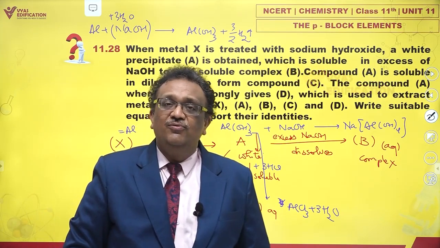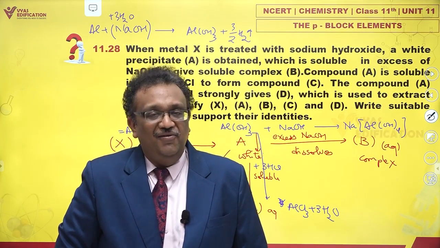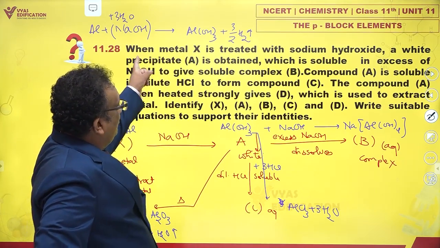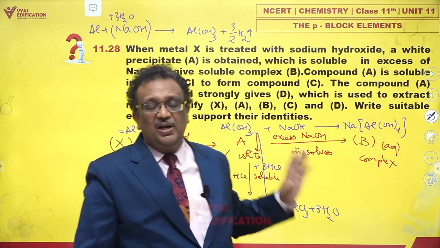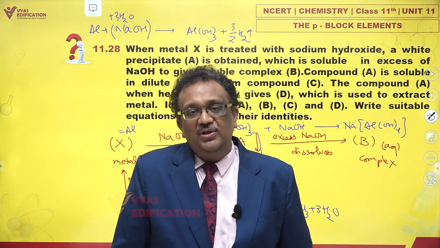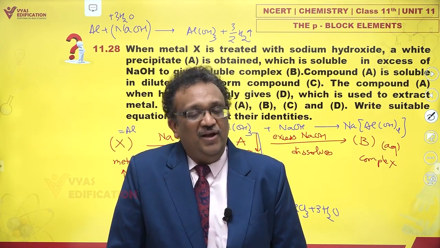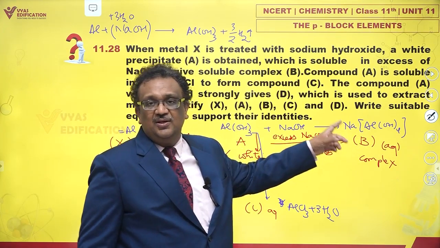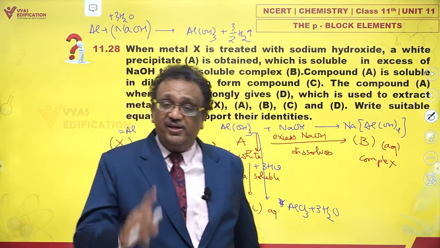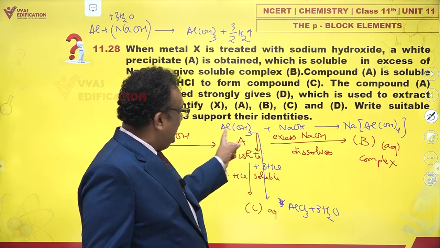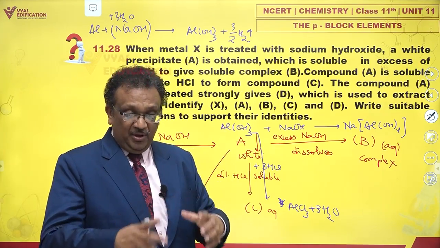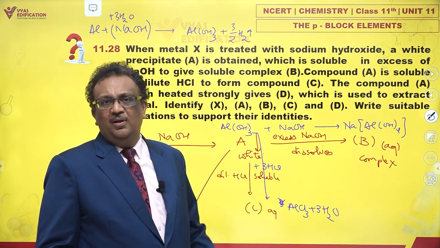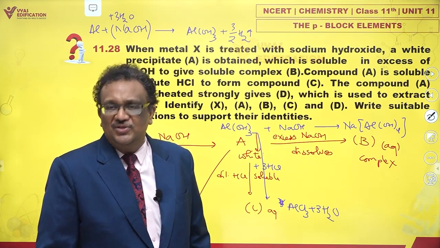It is my duty to inform you that NCERT has framed this question wrongly. No metal will give you metal hydroxide on treating with NaOH. As a matter of fact, if aluminium and NaOH react, it directly gives you this complex. You get hydrogen and the complex directly. You don't first see metallic aluminium turning white, giving you aluminium hydroxide. That's a very wrong idea. But it is legendary and celebrated NCERT.